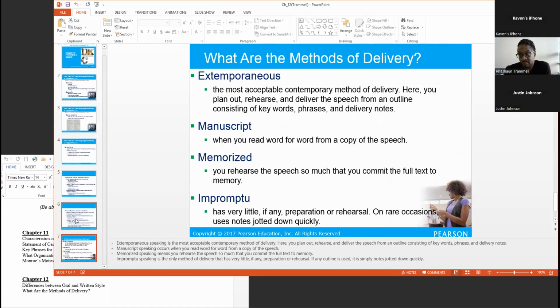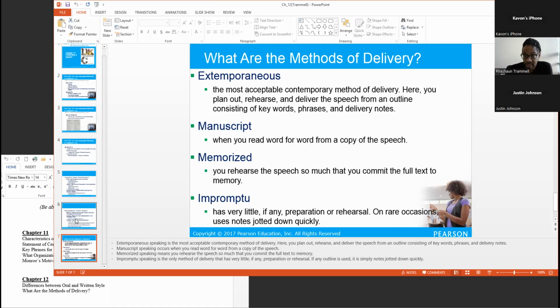The extemporaneous style also allows you to adjust to the audience. You're making eye contact with them. You can see if they're confused, if they're angry, whatever. So yeah, it does allow for more flexibility.